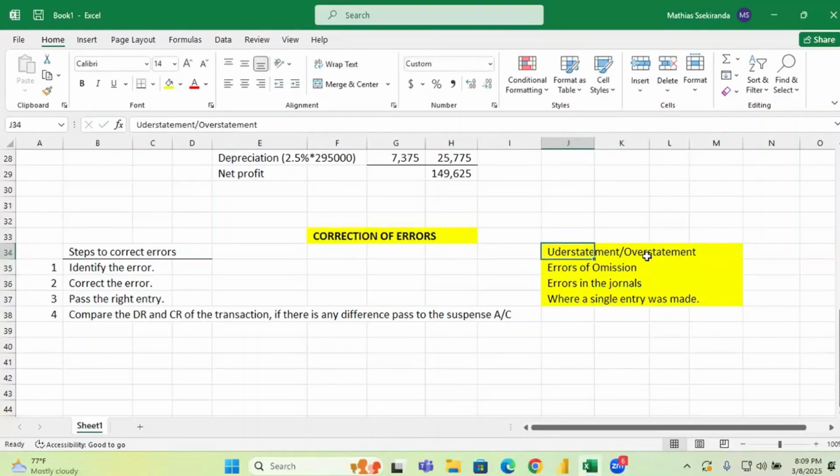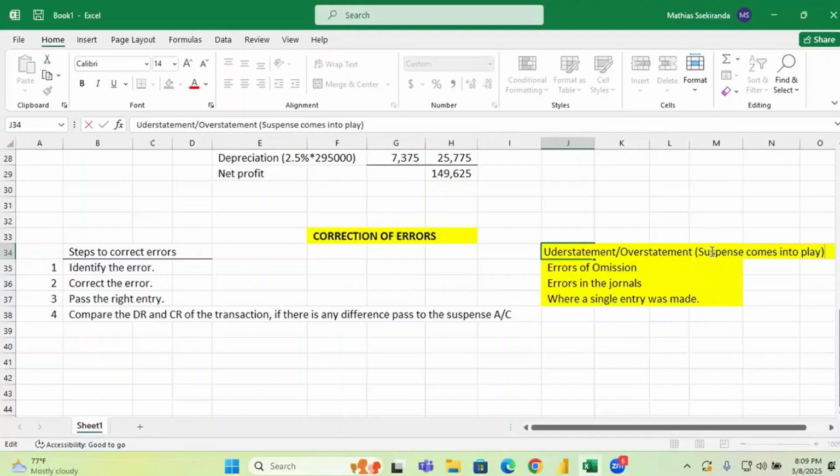Now, on understatement or overstatement errors, suspense automatically comes into play. One of your entries should be a suspense. But the suspense should be your second entry. You need to first correct the error, then the corresponding entry is a suspense. Don't begin with a suspense.